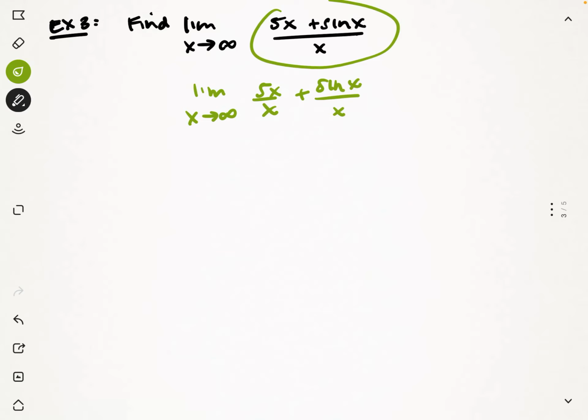We're not substituting, we're splitting this fraction into two separate fractions because we have an addition or subtraction on top with just one term on the bottom. Now the cool thing here is 5x divided by x, those x's cancel out. And we know what the sine x over x is.